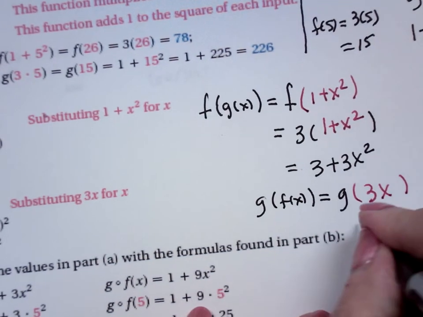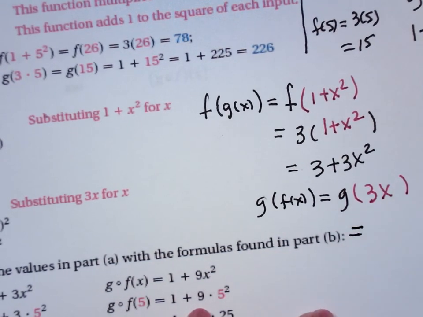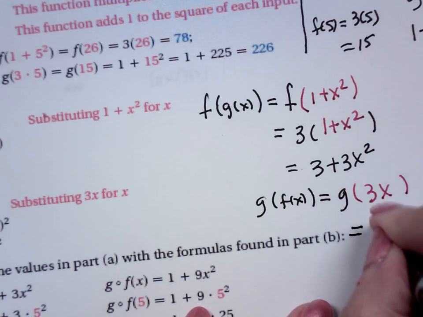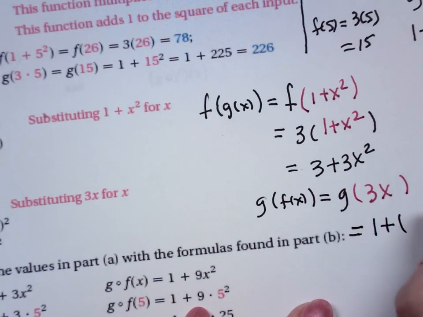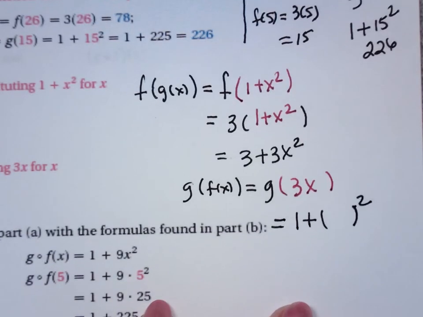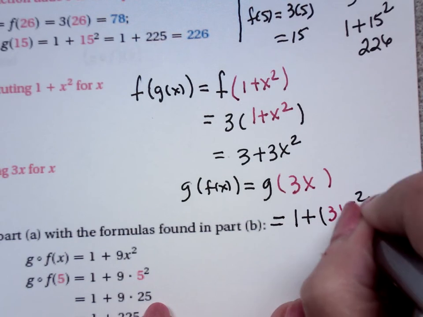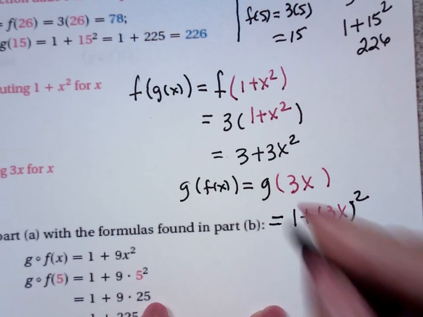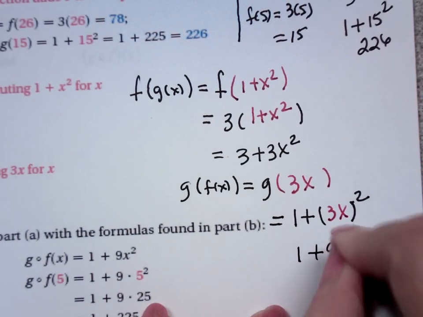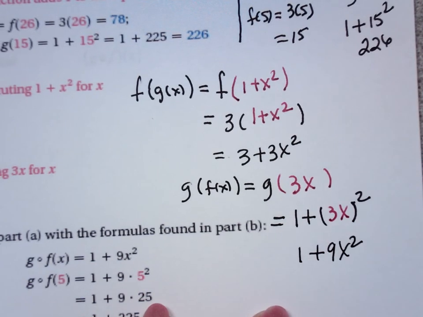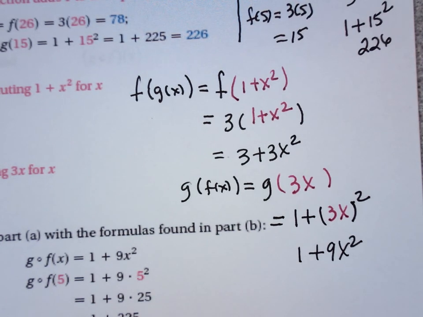That says in g, pull out all of the x's, and replace it by f. And this becomes 1 plus 9x squared. It's a pure replacement.